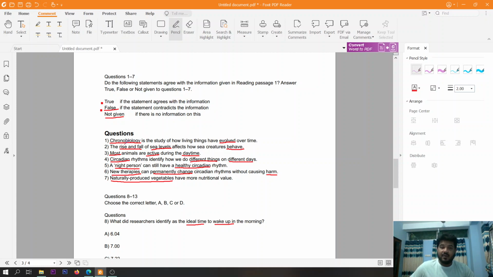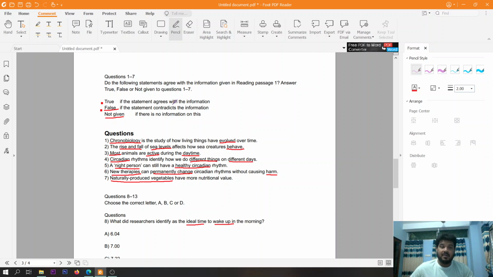So, if the statement exactly matches the information that is given in the particular text, then we say it's true. However, the way we say that it's false is if there is a clear point of contention.